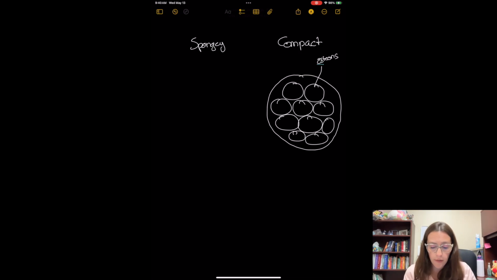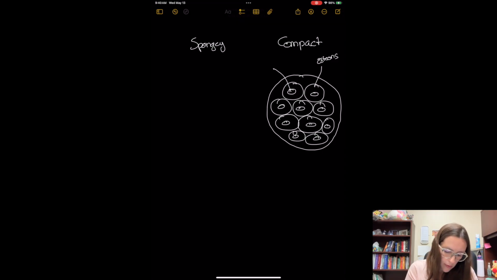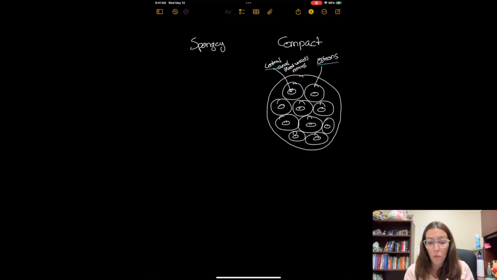And each osteon has a central canal. A central canal is going to contain things like blood vessels and nerves.